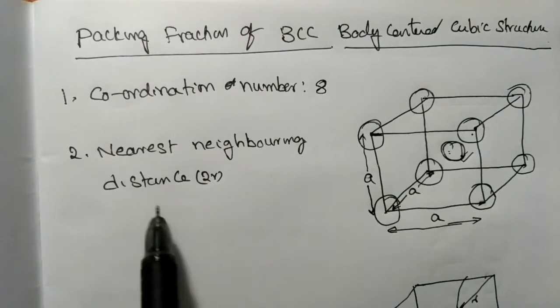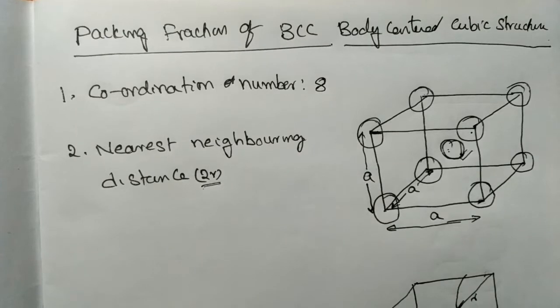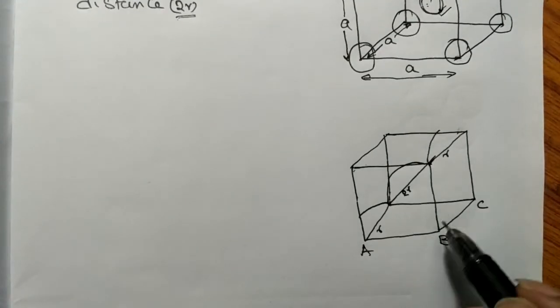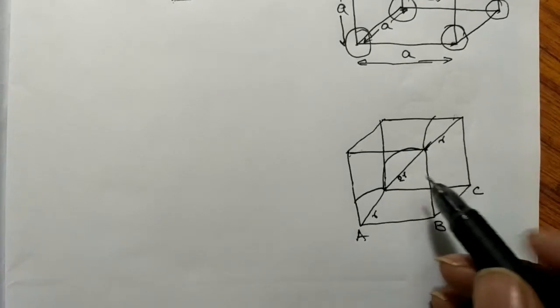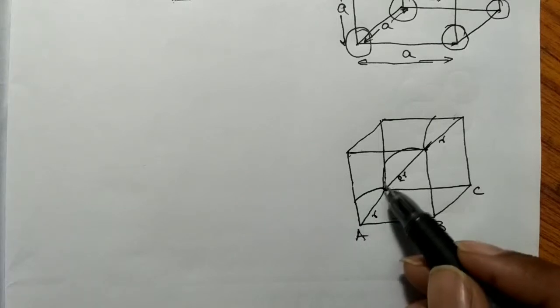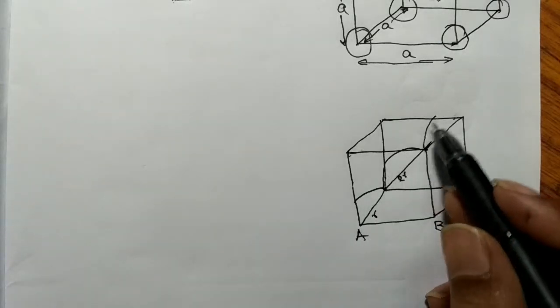Next, I have to find the nearest neighboring distance, that is 2r. For that, I have to consider this diagram. In this diagram, this is the atom present at the corner, and this is the atom present at the center, and this also at the corner.